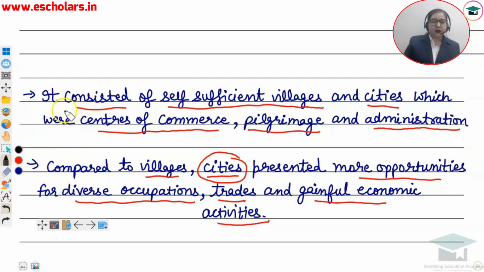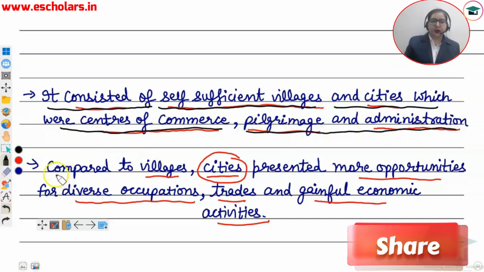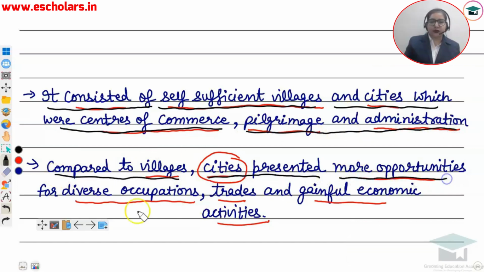Okay, so let's recall it till now. It consisted of self-sufficient villages and cities which were centers of commerce, pilgrimage and administration. Compared to villages, cities presented more opportunities for diverse occupations, trades and gainful economic activities.